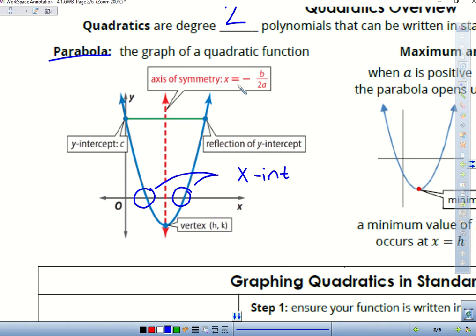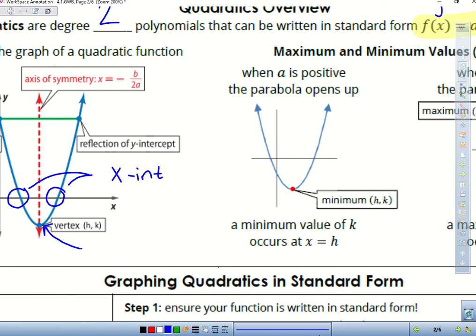We have the axis of symmetry. This is a vertical line that cuts your quadratic into two equal pieces. And then we have the reflection of the y-intercept, and that's the point on the other side that is equidistant from the axis of symmetry. And then, of course, the vertex. The vertex is either the maximum or the minimum of your graph, and it will be where the axis of symmetry and the graph meet, okay?